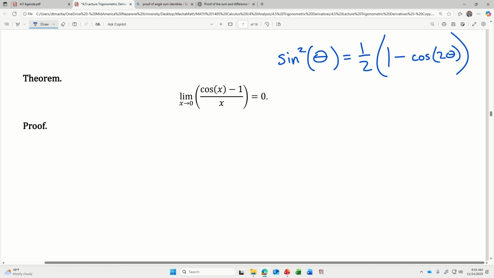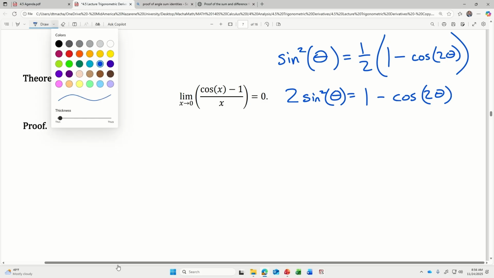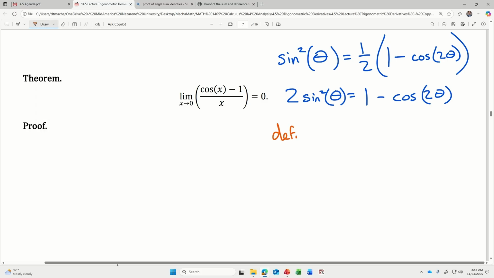That's something we sort of proved above. And the reason I want this is because that means 2 sine squared theta is going to be equal to 1 minus cosine of 2 theta. And now let's define x as 2 theta.